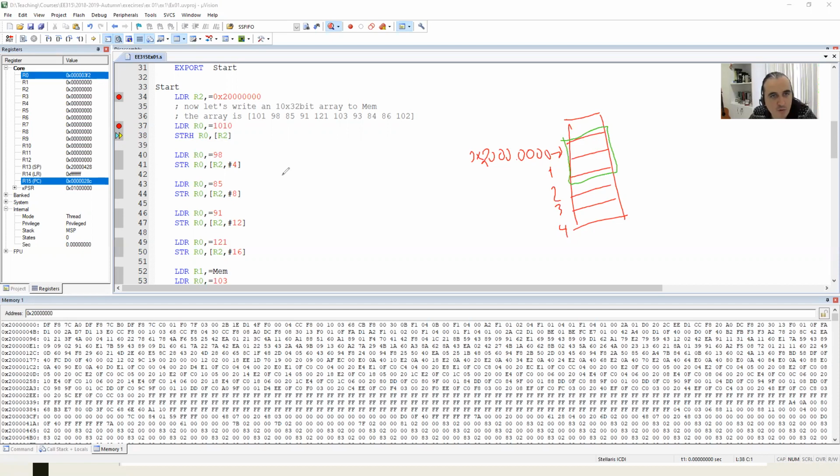So in R2, let me write it here. So what was the value of R0? R0 was, right? Since STRH is reading the values from R0 and writing it to the memory, and since STRH is only 16 bits, I'm going to be using only the least significant 16 bits here.